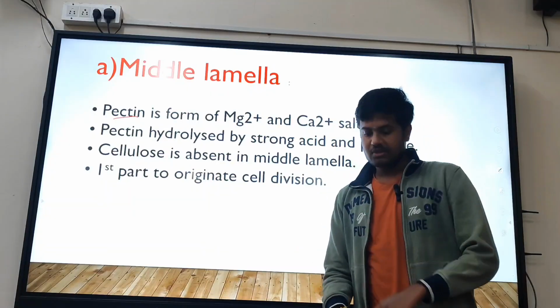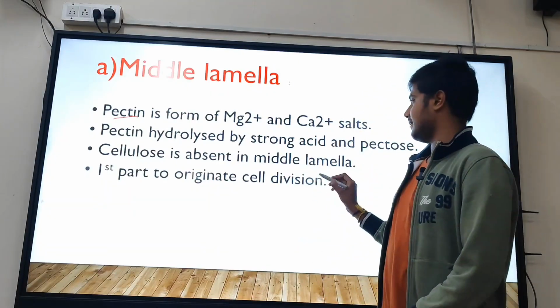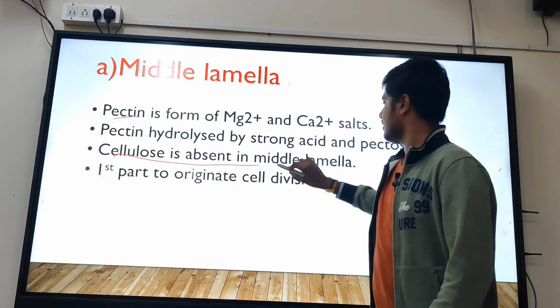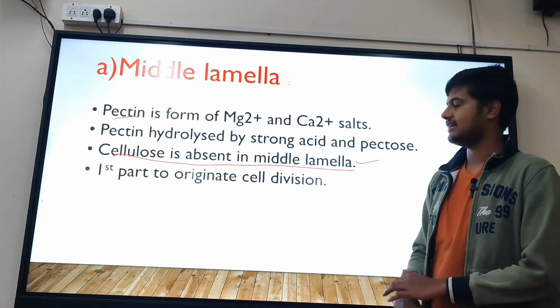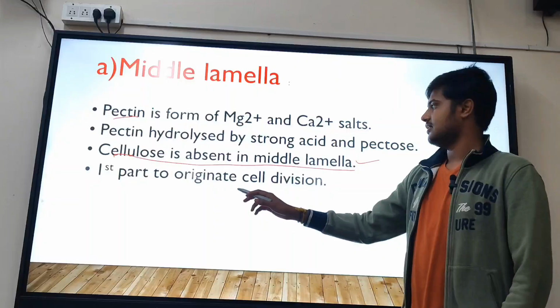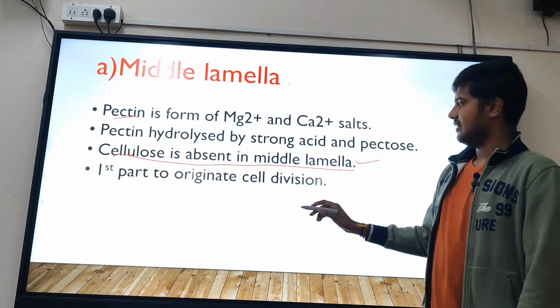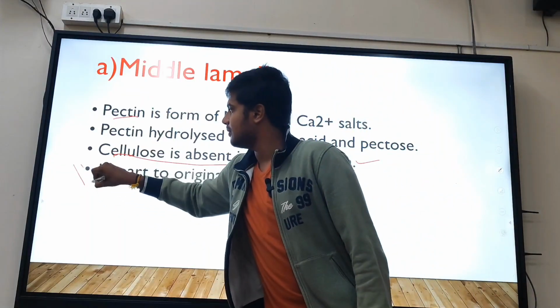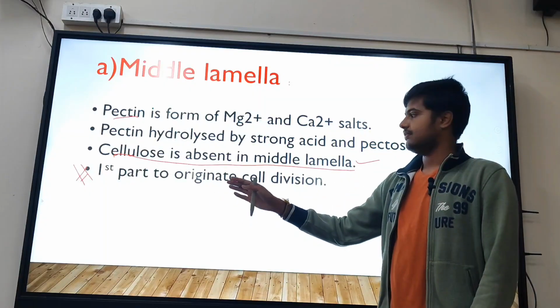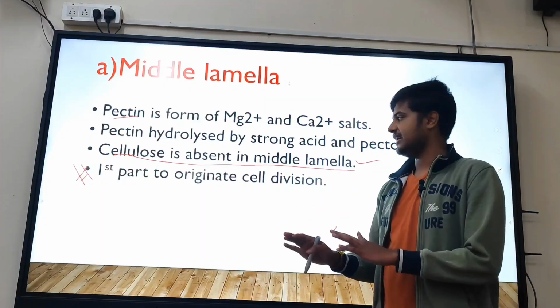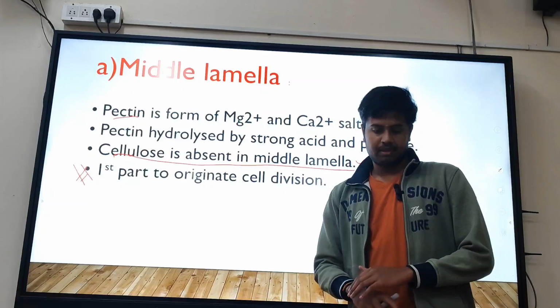As you know, cellulose is absent in middle lamella. This is the main characteristic of middle lamella of plant cell. It is the first part to originate in cell division. It is an important point for your exam.